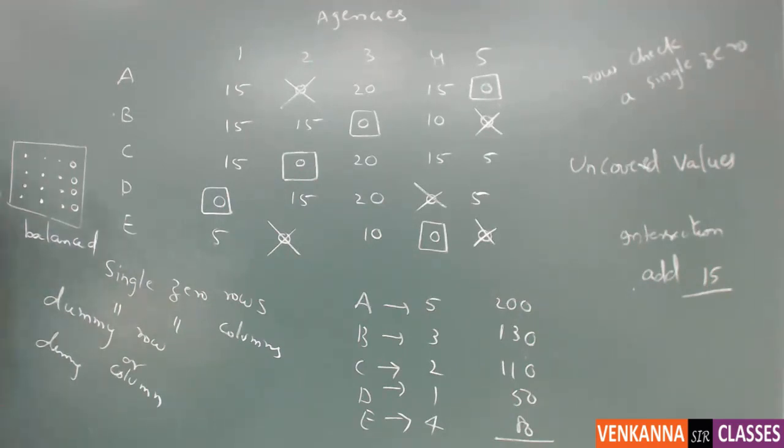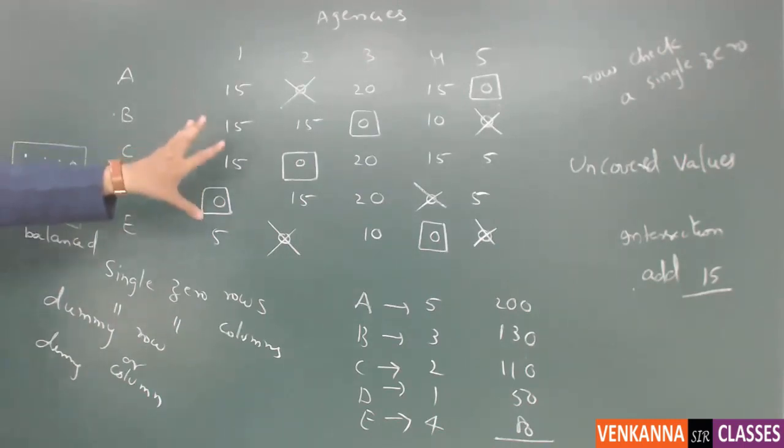So now you will do the same procedure. If you introduce a dummy column, there is no need to subtract the row minimum because for each row the minimum value is 0. So we simply perform the subtraction from the columns itself. Then we go for the allocations.